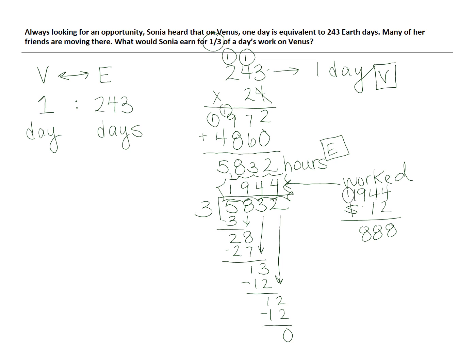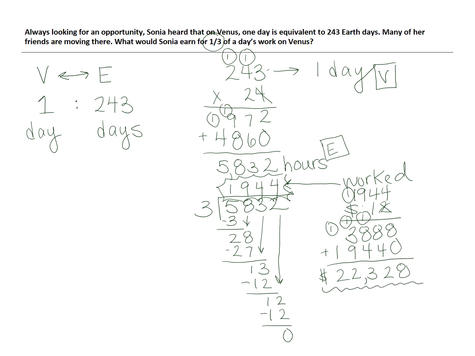Carry the 1. 2 times 1 is 2, plus 1 is 3. Add a 0. 4, 4, 9, 1. 8, 12, 13, 12, 2.